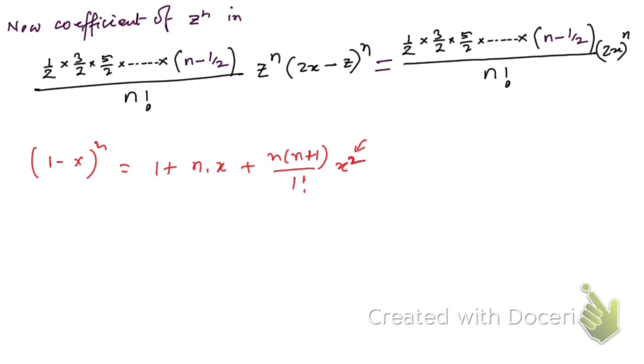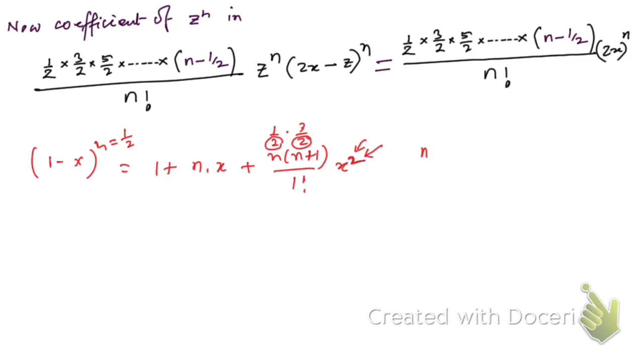So if you compare, if you have n equal to half here, then it's supposed to be half into 3 by 2, right? Okay, so we have got here 2 into 2 square, right? When the power on x is square, right?